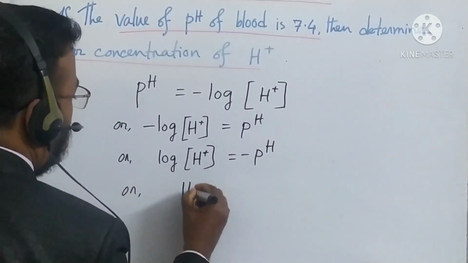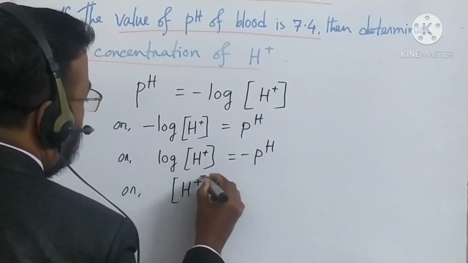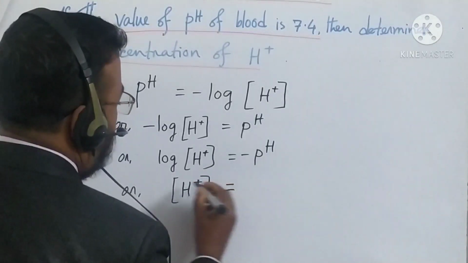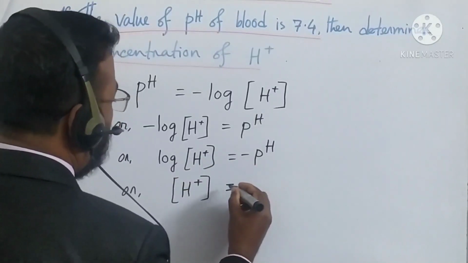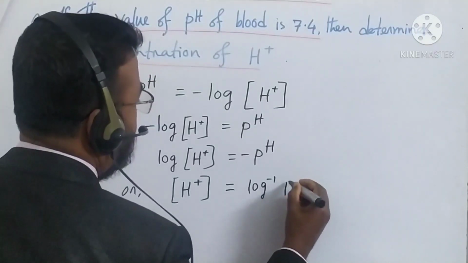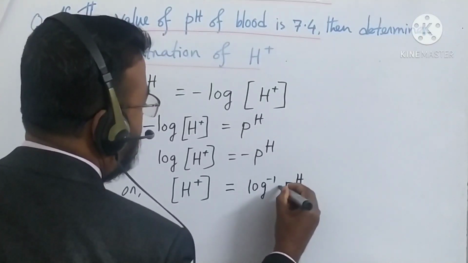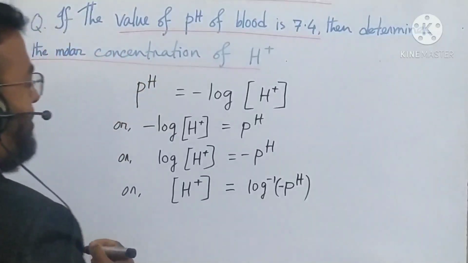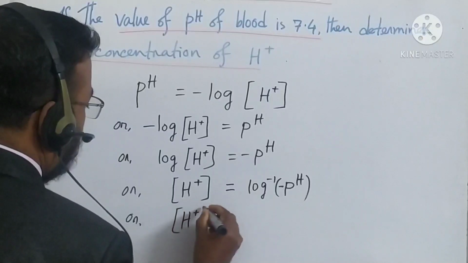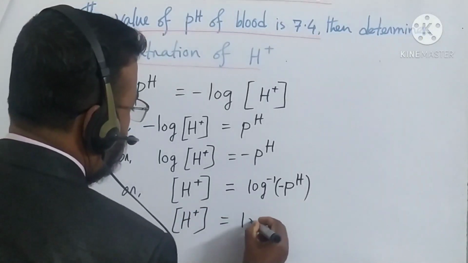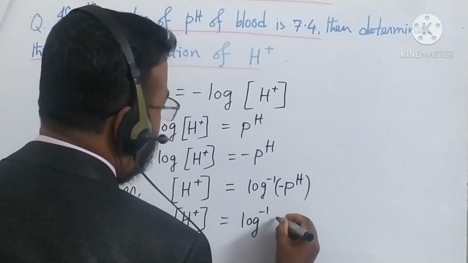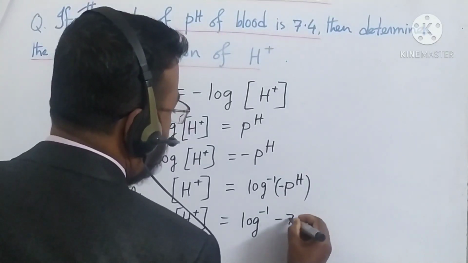It is our target to determine the molar concentration of hydrogen ion, so it will be log inverse of minus pH. The molar concentration of hydrogen ion will be log inverse, and the value of pH is given as 7.4.